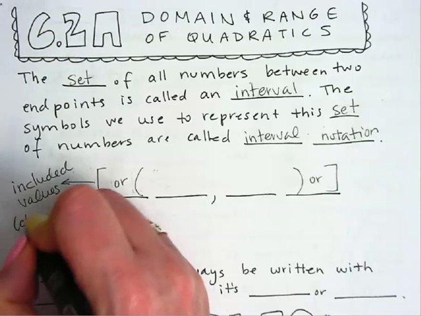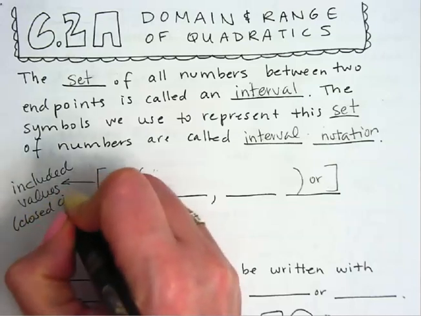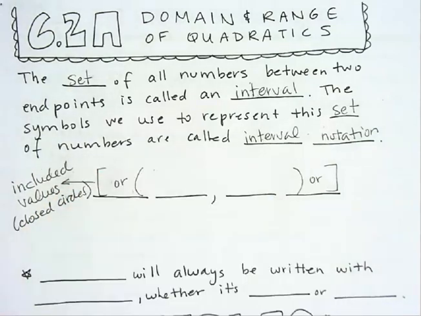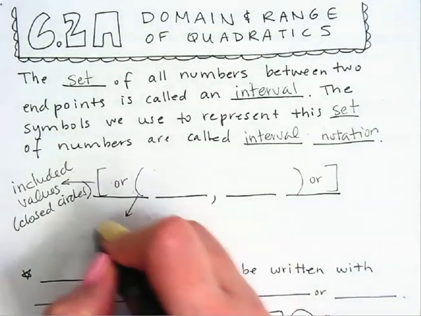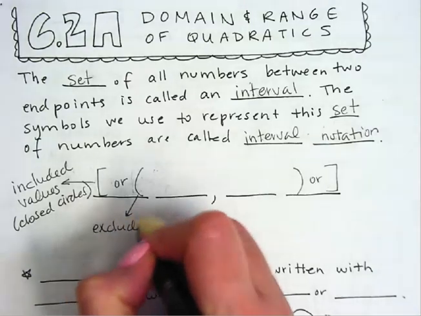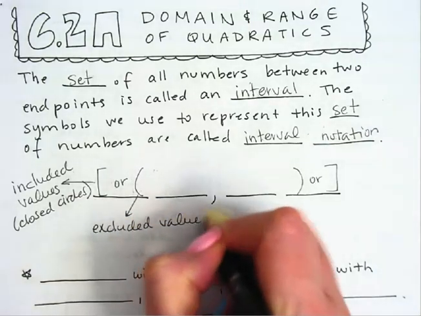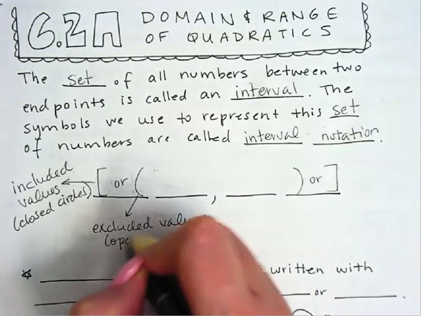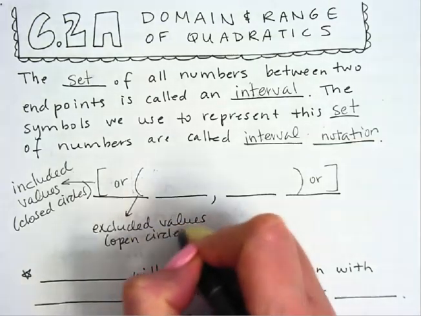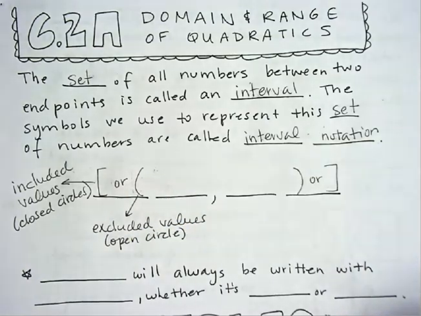It's like when we use closed circles on a number line, that's an included value. And a parenthesis is for excluded values. That's like when we used an open circle on a number line, or when you don't have the equal bar on the inequality.